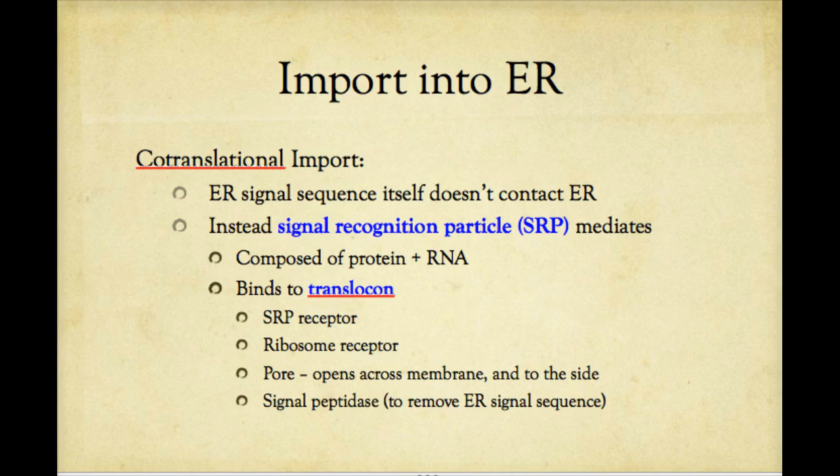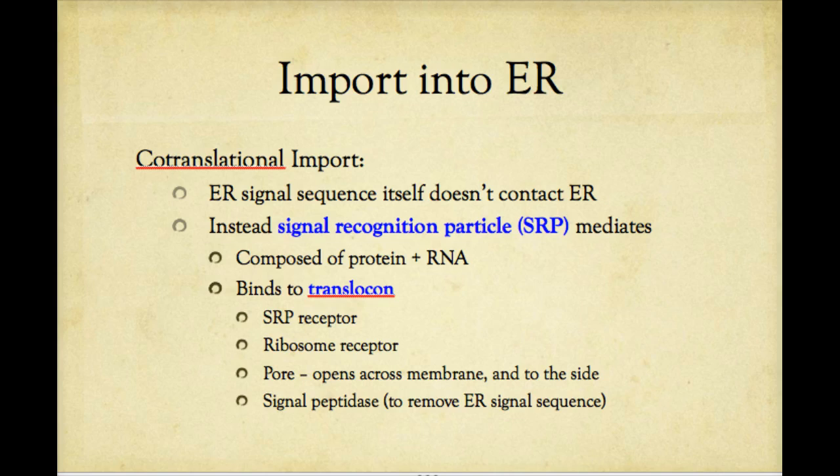Instead, there's a small molecule in the cytoplasm in that same area that mediates the introduction of this ER signal sequence to the RER membrane. We call this the signal recognition particle, or the SRP.